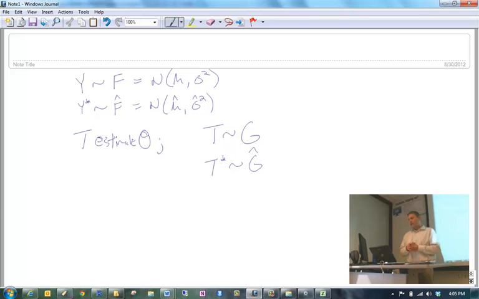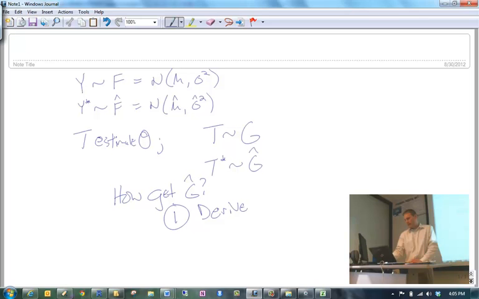Now, there are actually 2 different ways that we can get g hat. So, how do we get g hat? Method number 1. I'll just derive it. Okay? And that will give you g hat exactly. But there may be times where the math behind it is quite complicated. Maybe it's just intractable, depending upon t. So an alternative is basically Monte Carlo simulation.